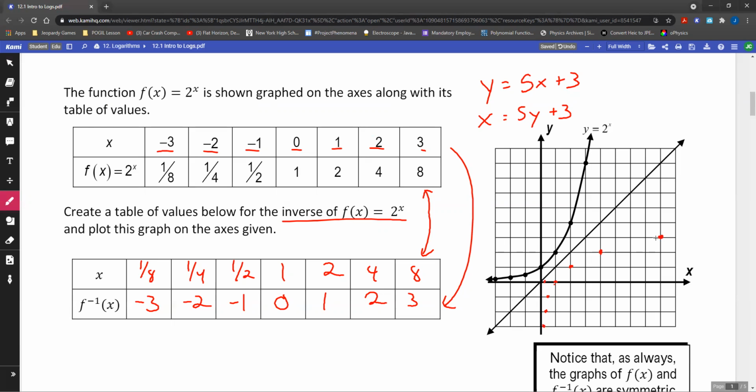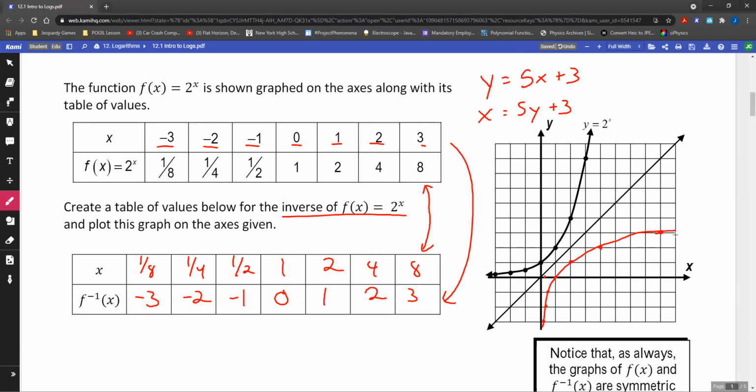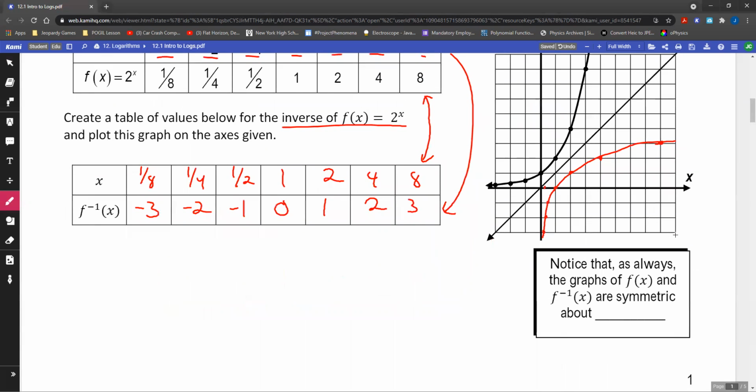There you go. And my graph would look like this. Now, one thing to note, we did this right because we should see that it's symmetric about the line y equals x. All right, so that's kind of where we're going to end up.